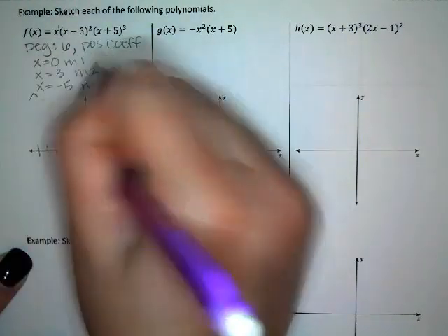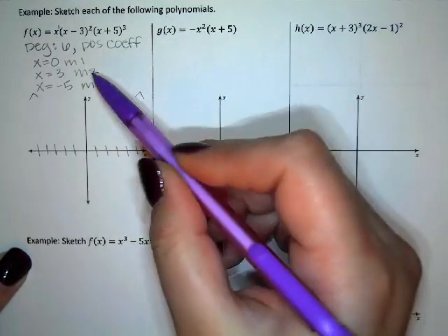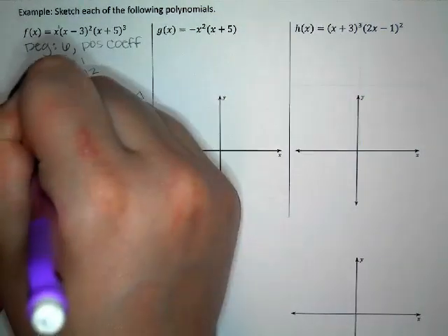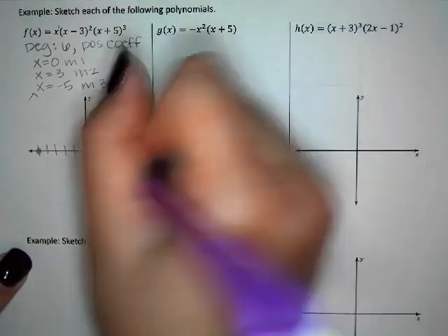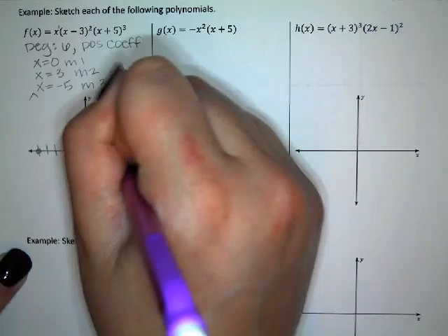All right, so we have an x-intercept at -5, 0, and 3.